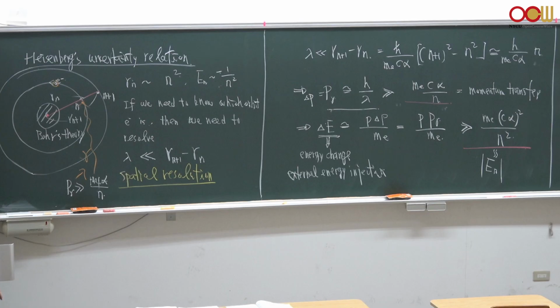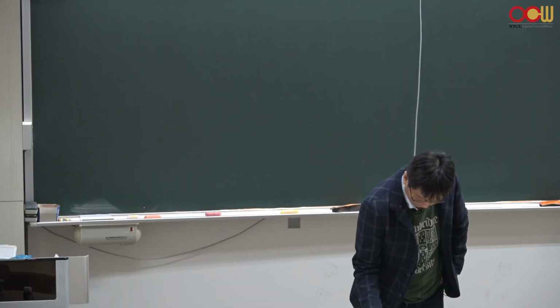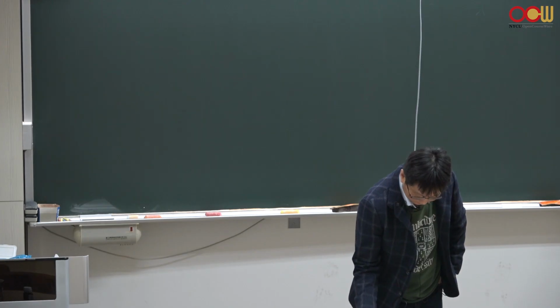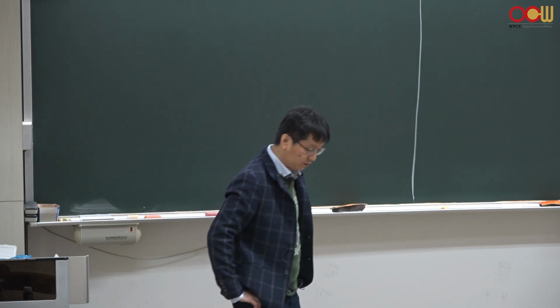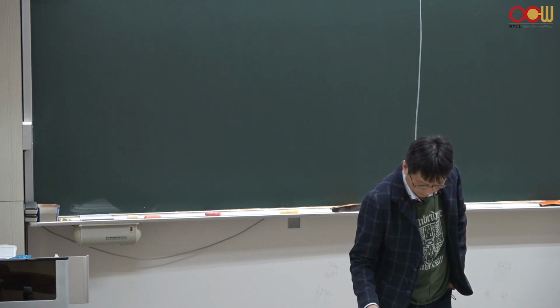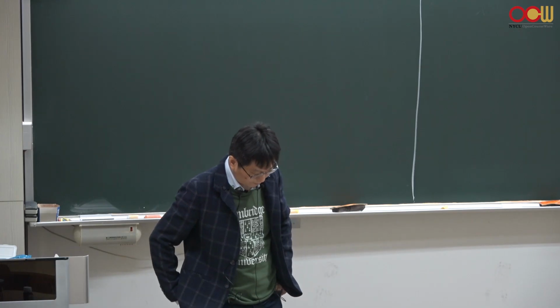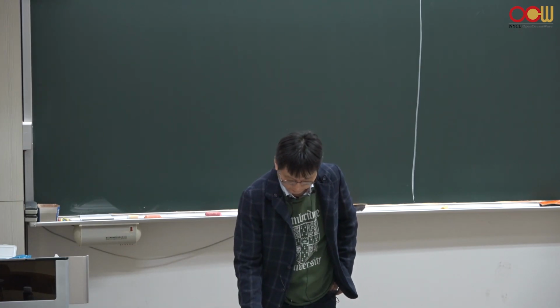And what else? h and h bar, the de Broglie relation, the Bohr radius, and so on. All these notations that I use can be traced in the earlier chapters, either in your modern physics textbooks or chapter 1. So I won't repeat that.